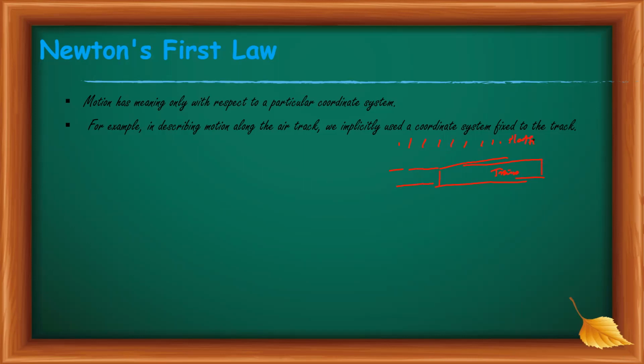The train is moving in this direction, and A is sitting here, and B is sitting here, and the person C is standing here.